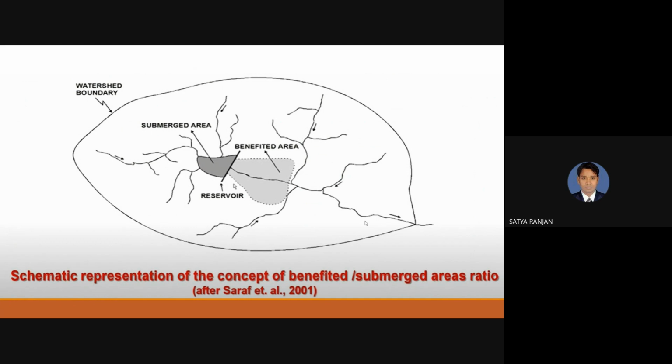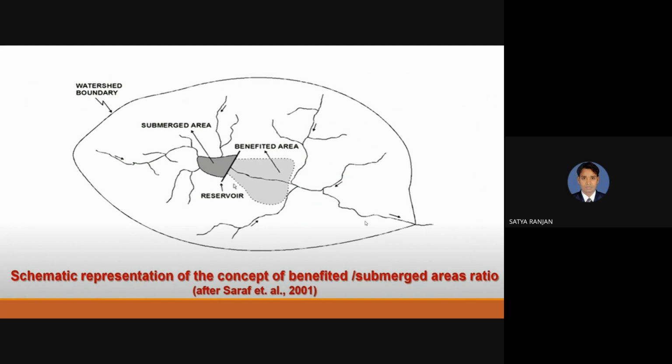Then we also calculate, suppose there's a river reservoir of some area. When we construct a reservoir, what is the benefit? The benefit is that in the lower region there is benefit for different vegetation growth and we can use it for irrigation purposes. So what is the ratio?